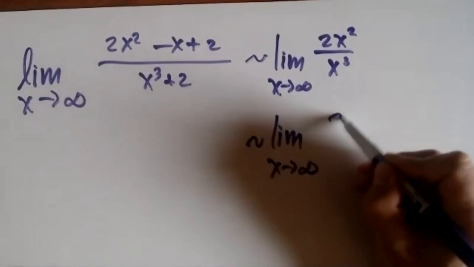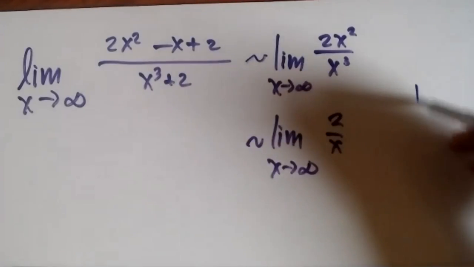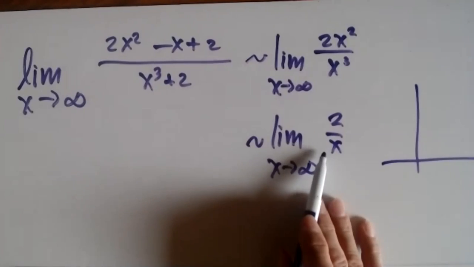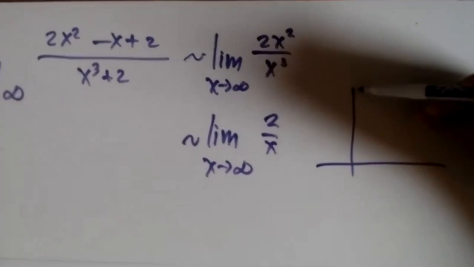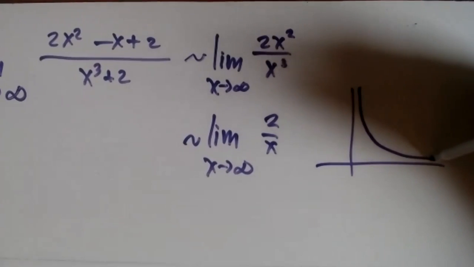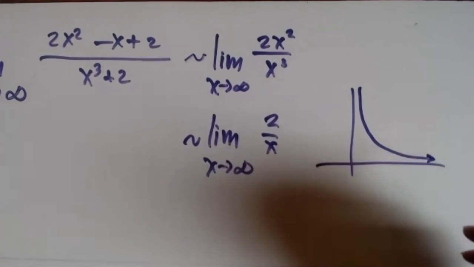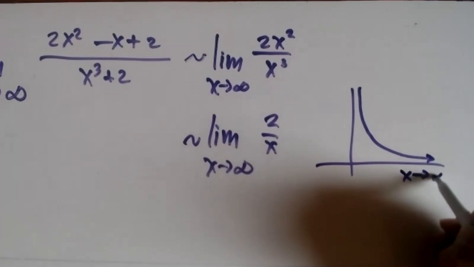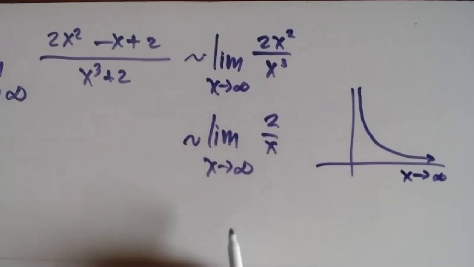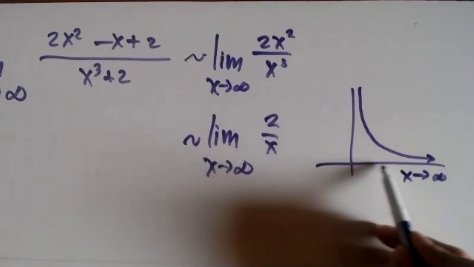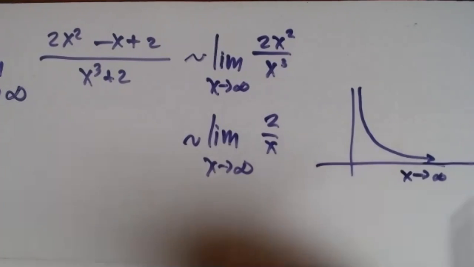X at infinity, 2 over x. Now, what is the behavior of this function? This is the reciprocal function, so the reciprocal function behaves like this one, correct? That's the reciprocal function, right? So what is the behavior of this function when the x increases? This line approaches what? Yes, it approaches the axis, correct?